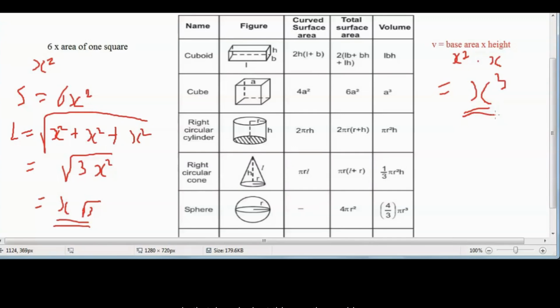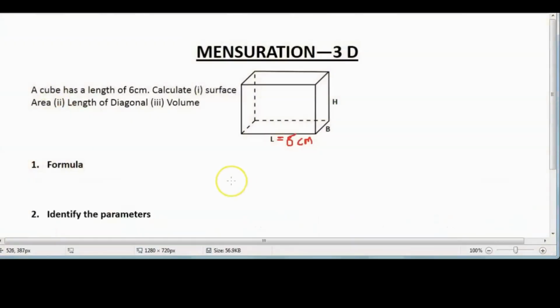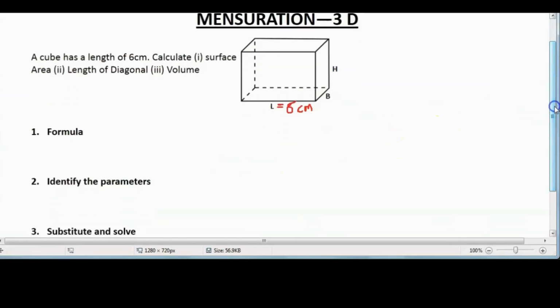Okay, let's take a look at this practice problem. A cube has length 6 cm. Calculate the surface area, length of diagonal, and volume. The solution to this problem conforms to the same pattern used in 2D, but the formula varies.